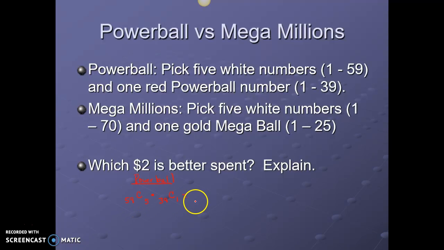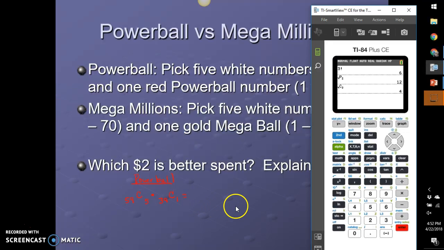If we type that into our calculator, we have 59, math, go into probability, and then we want number 3 for combinations, 5, and I'm just going to hit enter here to find out what that number is.